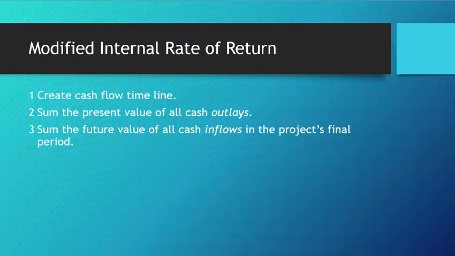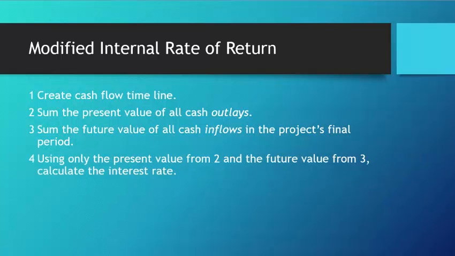So we've now parted the outflows and the inflows about as far as we can. We're sort of like parting the Red Sea, okay? And then at that point we take the present value as my investment. That's the stuff from step 2. And we take the stuff from step 3, that future value, as my outcome.